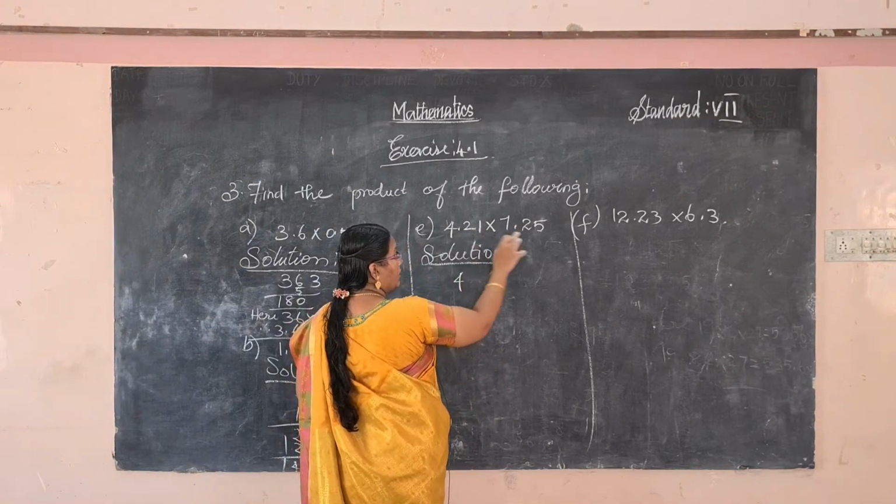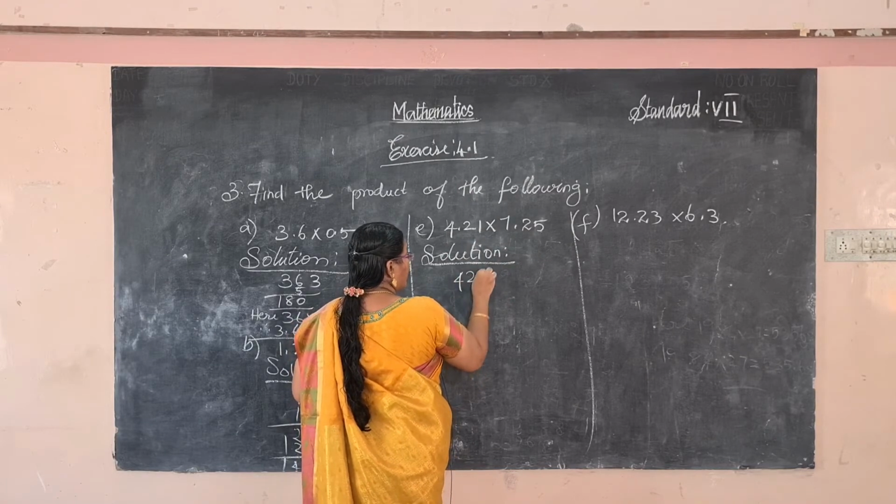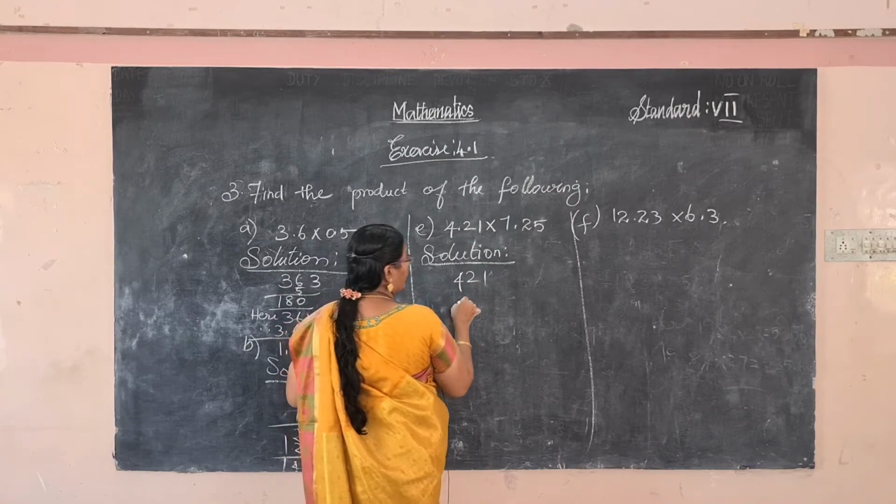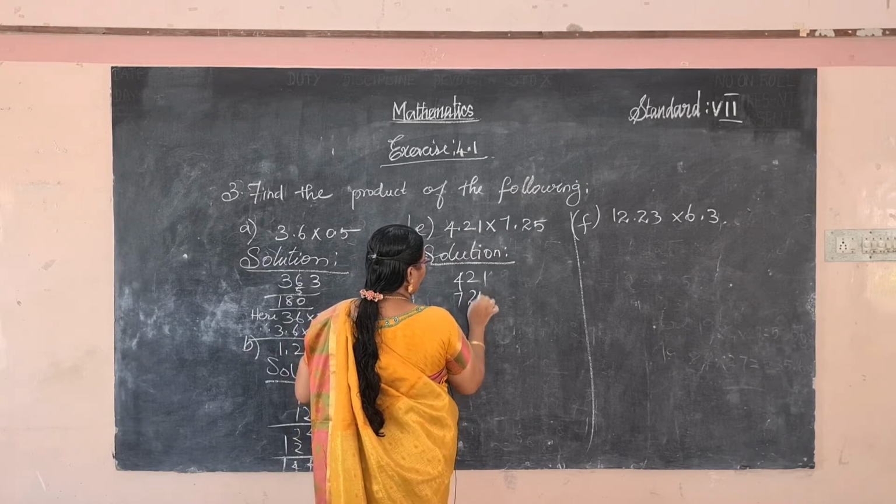As usual, do not consider the decimal point. Multiplication of 421 by 725.